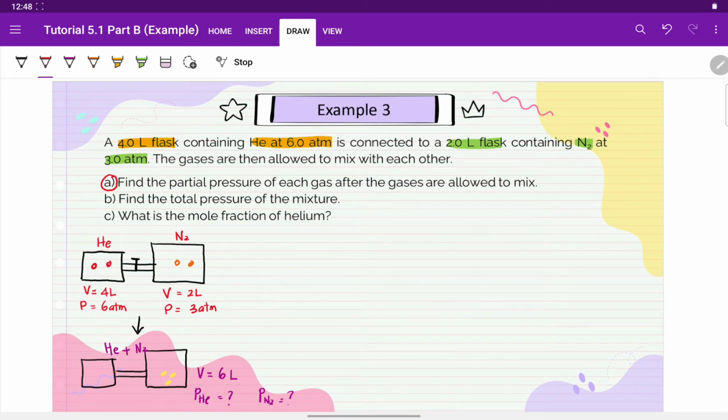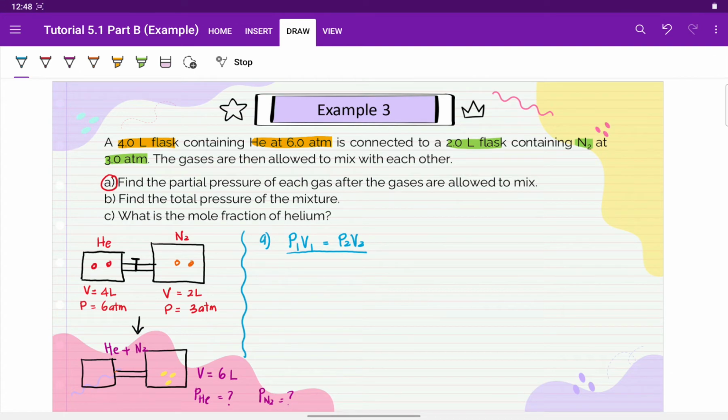So, dia akan melibatkan Boyle's law. Okay. Jadi, untuk soalan A, apa yang kita akan buat adalah kita akan selesaikan gunakan Boyle's law, which is P1 V1 equals to P2 V2. Okay, ini basic kita, yang mana kita akan kira separately untuk helium dan untuk nitrogen.